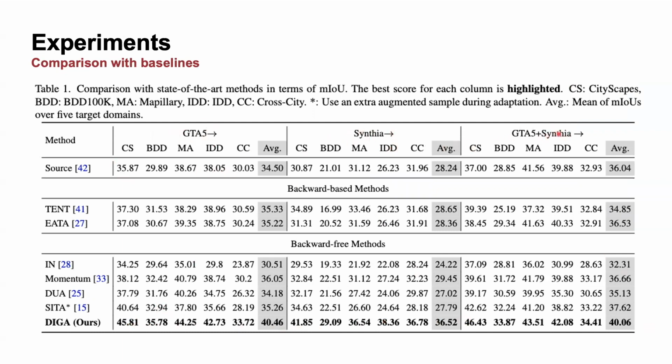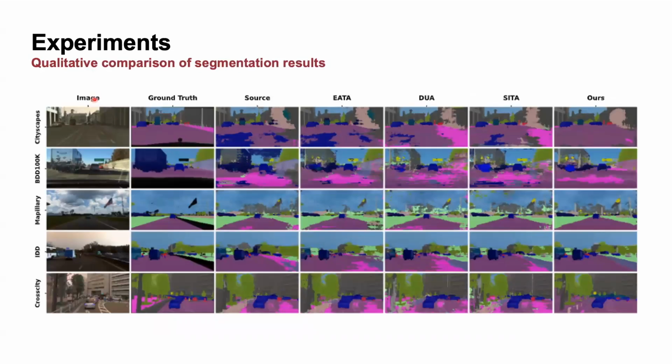We tested on 3 source domains and tried to adapt them to 5 target domains. And on the combination pairs, our performance is the best. In this page, we present some results of our model and some other methods. We can see that our model separates all objects much better.